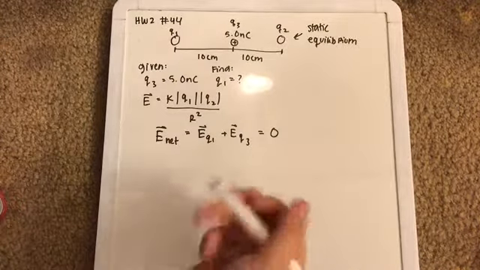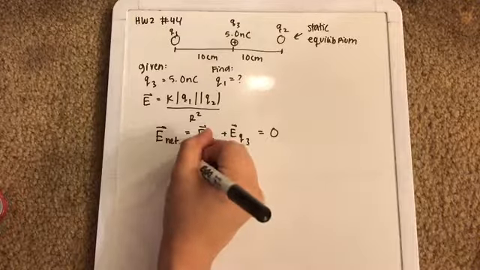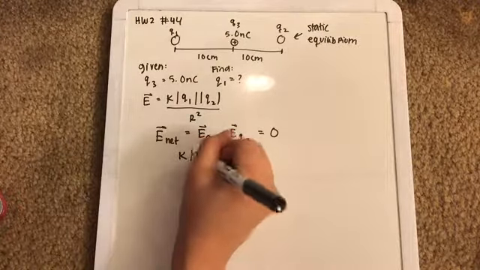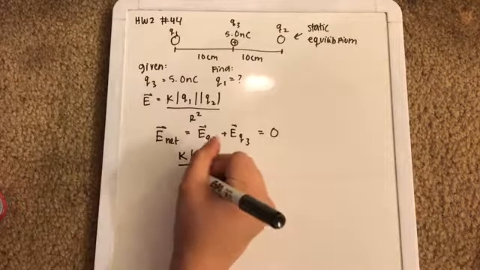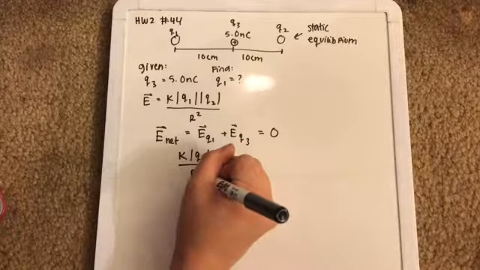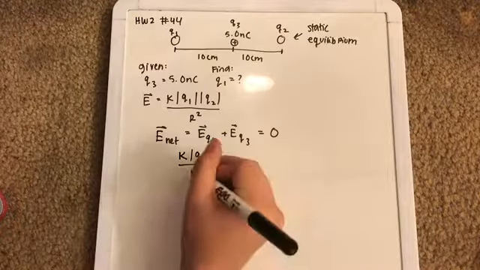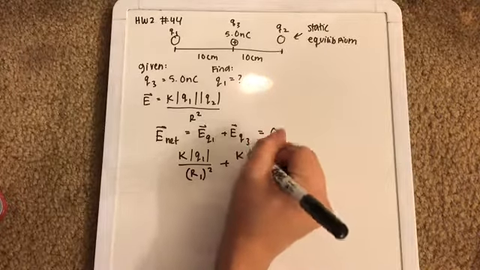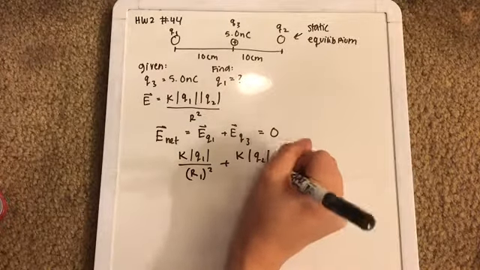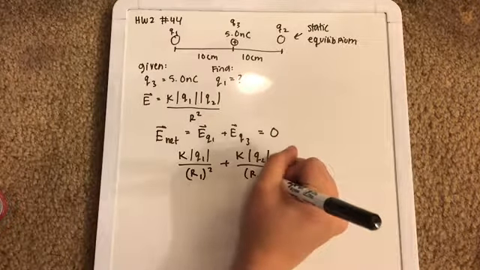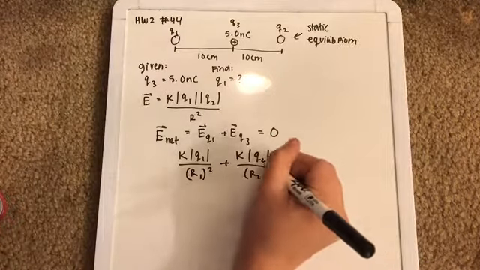So how that looks is constant K times the magnitude of Q1 over R, I'm going to call this R sub 1, and this is squared, plus constant K of the magnitude of Q3 over R sub 3 squared.